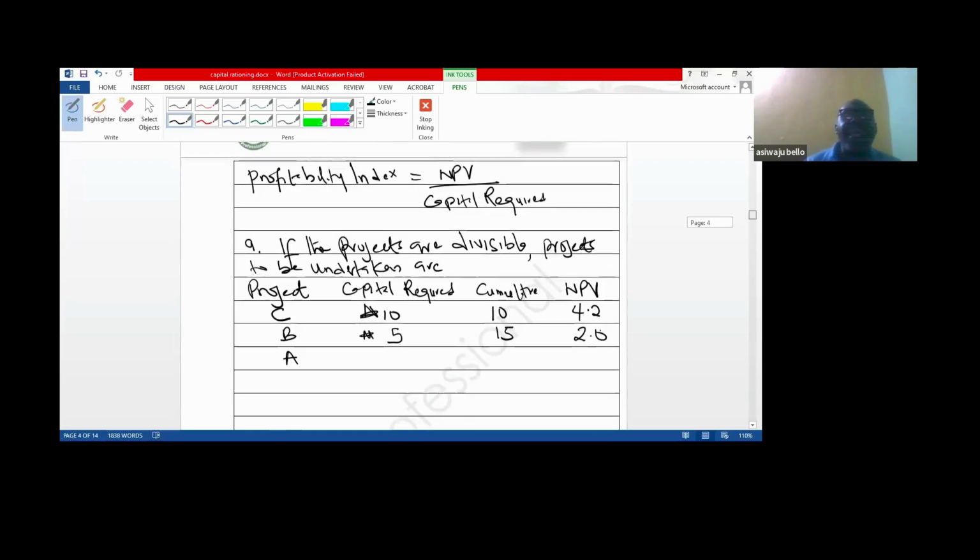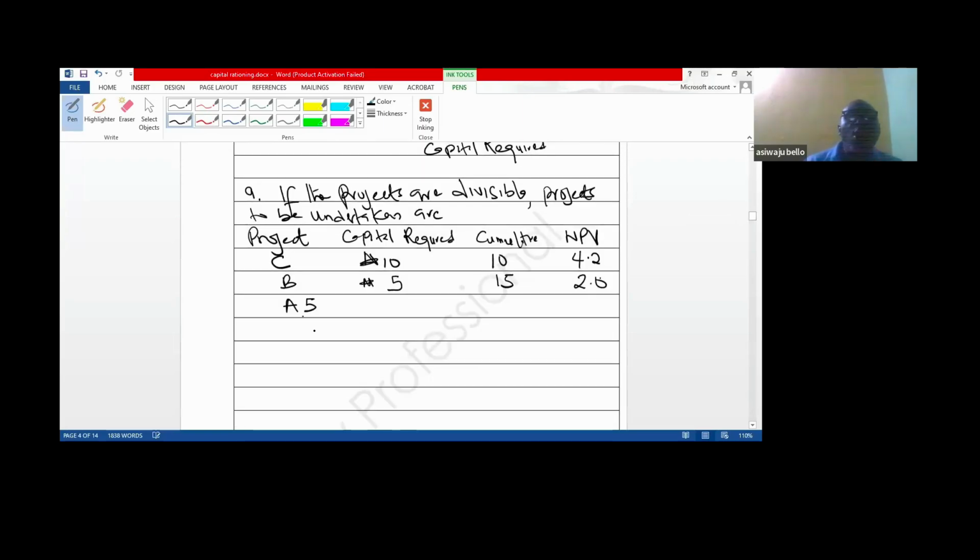We can only take 5/8 of project A. We can only spend 5 million for project A. Cumulative, that will give me 20 million here.